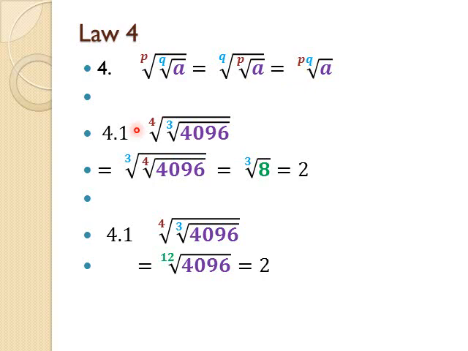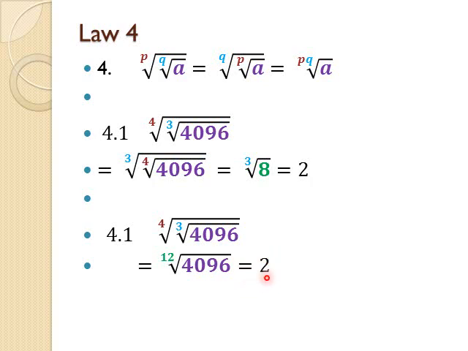Just to give you an example, I have the fourth root and the third root of 4096. We can swap 3 and 4 around. So the fourth root of 4096 gives me 8, and then the cube root of 8 becomes 2. Or I can take 4 and 3 and multiply them. 4 times 3 gives me 12. That's the 12th root of 4096, and that will also give me 2.